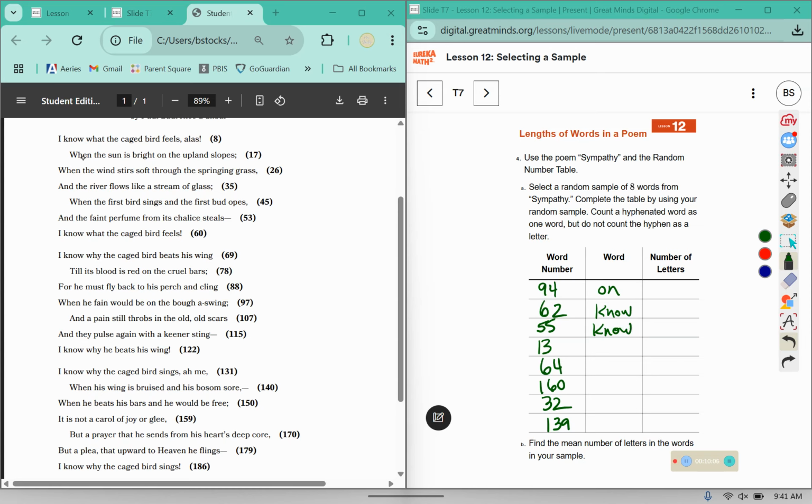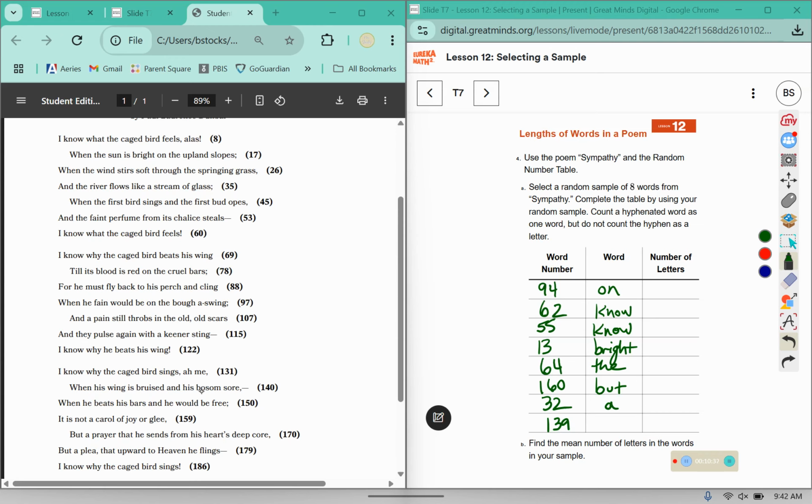13, 8, 9, 10, 11, 12, 13 is the word "bright." 64, 1, 2, 3, 4, the word "the." 160, "but." 32, that would be 27, 28, 29, 30, 31, 32, and 139.